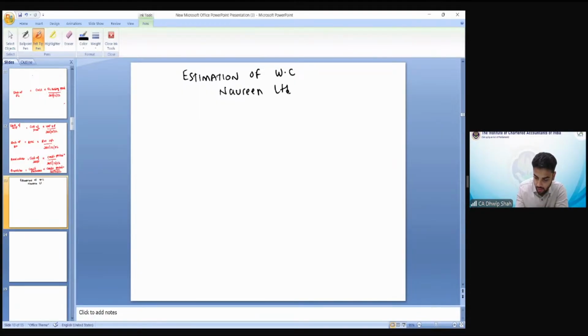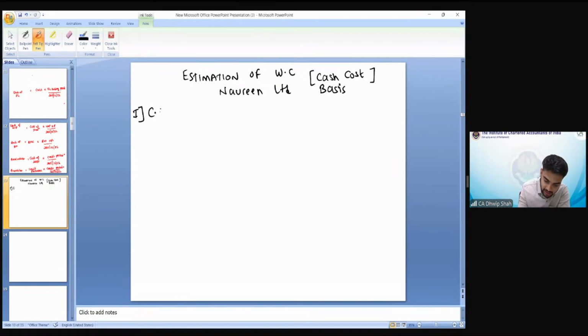And as I told you, we need to follow which approach? Cash cost approach. Means you ignore non-cash expenses and you ignore the element of profit. Okay? So whenever you solve the question of working capital, first give the heading, then prepare a format.